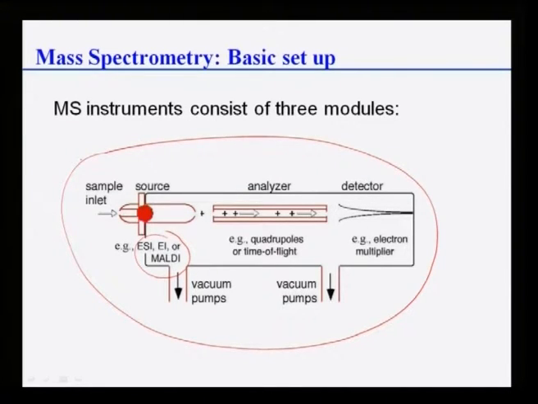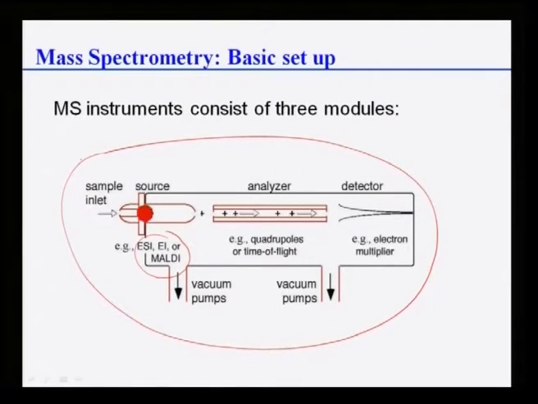So their movement should not be hindered by any residual gaseous molecule present in the system. So a vacuum of the order of 10 to the minus 9 to 10 to the minus 10 torr is created inside the chamber, and this all actually leads to the cost of the instrument. So these are basically the 3 modules of any mass spectroscopy.